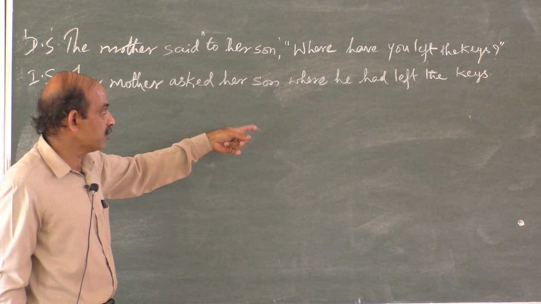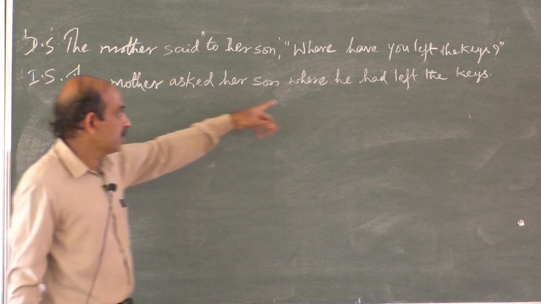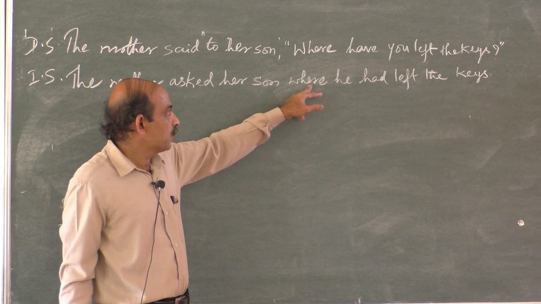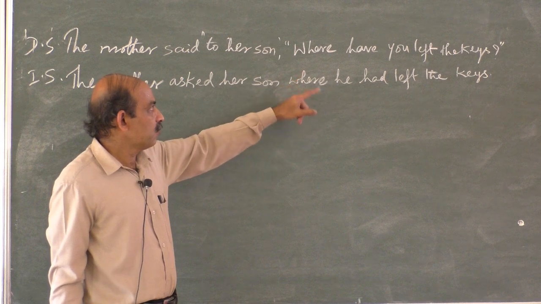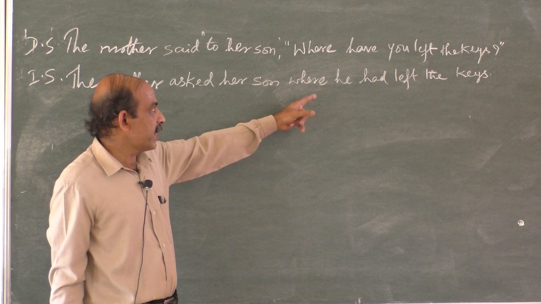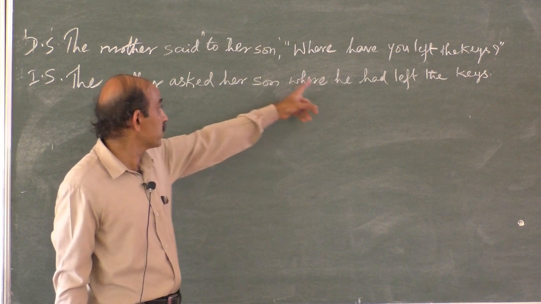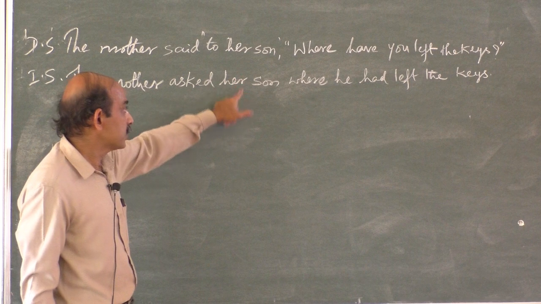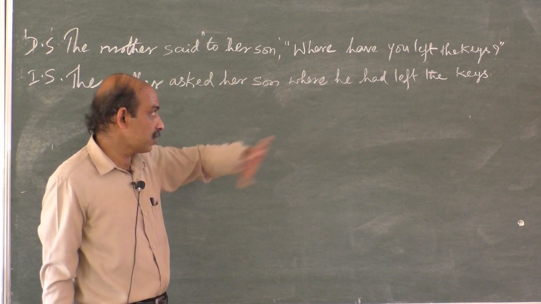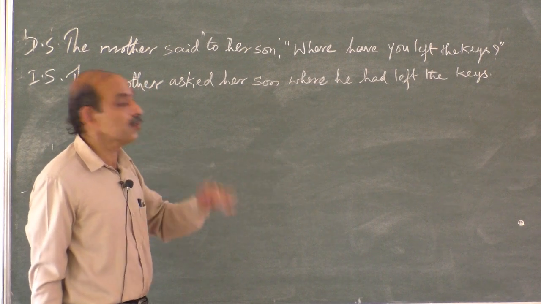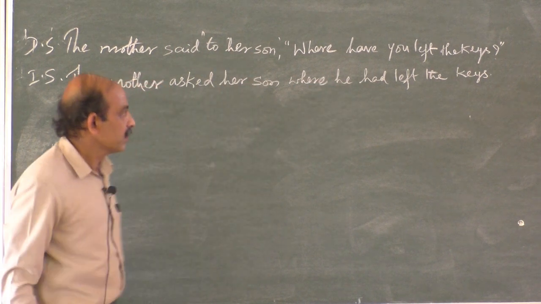The WH question has been changed to indirect speech, or reported speech, and after the WH word, which functions as conjunction also, inversion of the subject takes place. Where have you? Here, where he had. He refers to her son, mother's son. He had left the keys. So immediately after, it is not the question form, it changes to a statement, where he had left the keys.